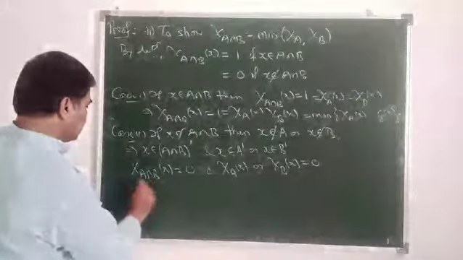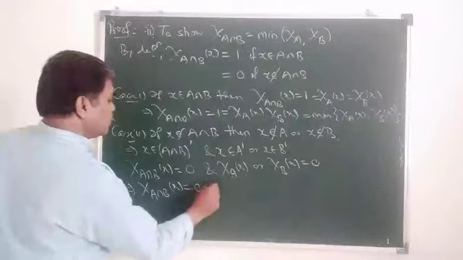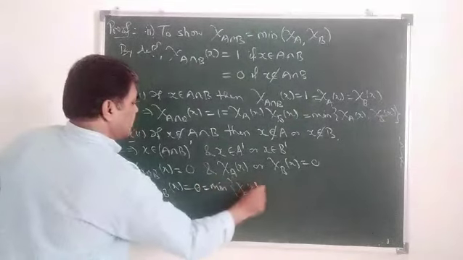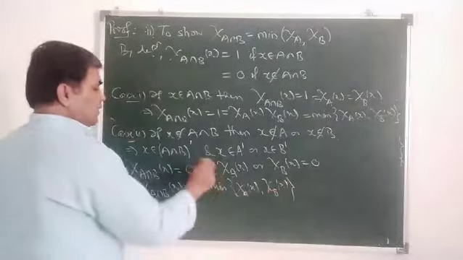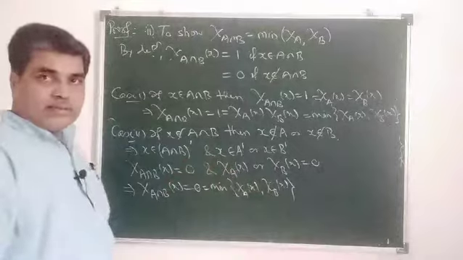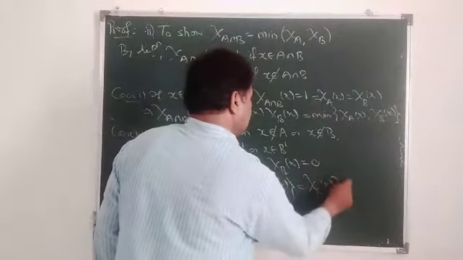This implies psi A intersection B of x is equal to 0, which is equal to minimum of psi A of x, psi B of x, because among the two, at least one must be 0, and which is equal to psi A of x into psi B of x.